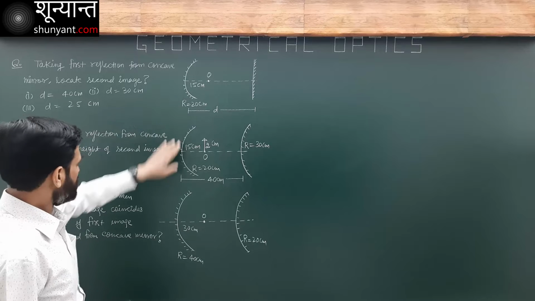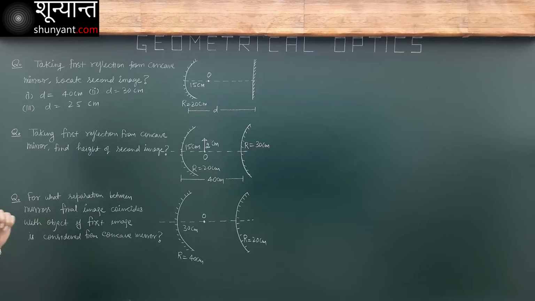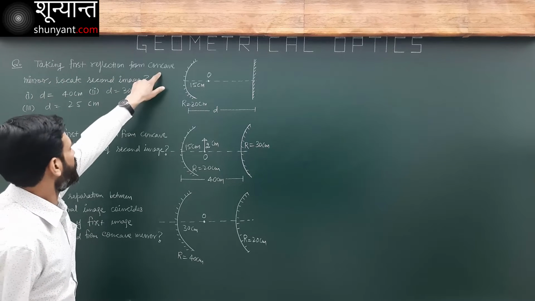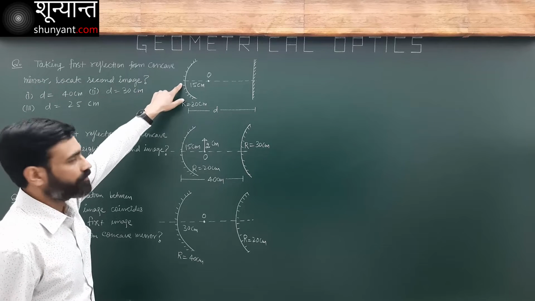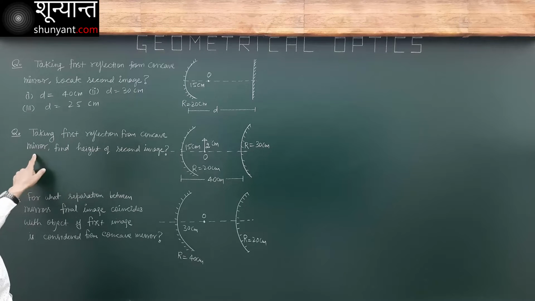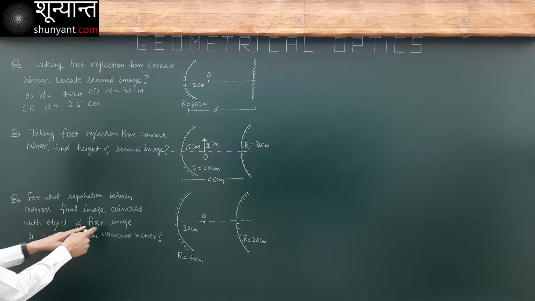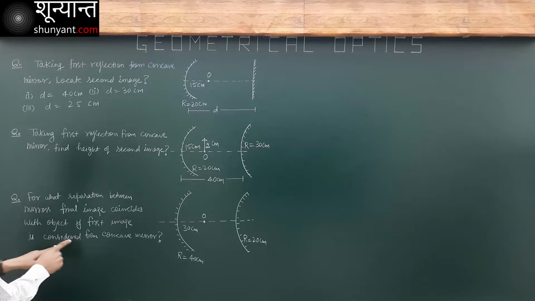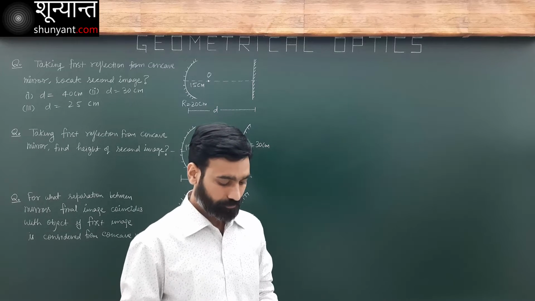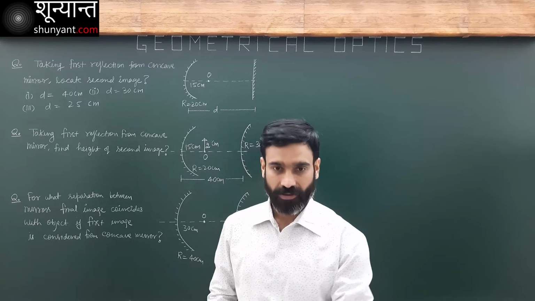In all the three cases, if you read the problems, we have to take the first reflection from the concave mirror. Here also, first reflection from the concave mirror. Here also the first image is considered from the concave mirror. In all of the cases, you cannot stop the light rays.